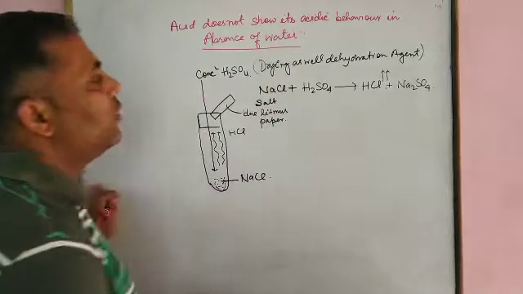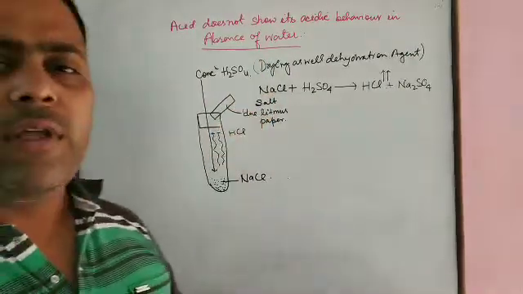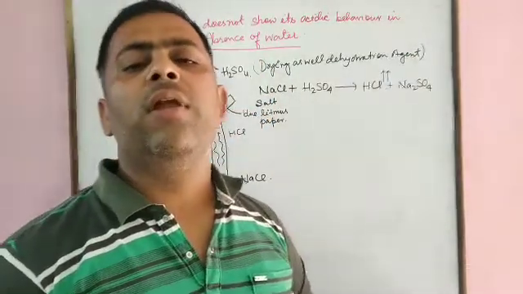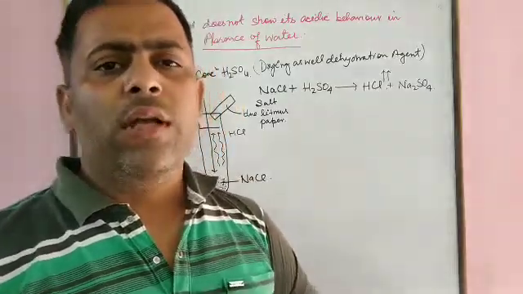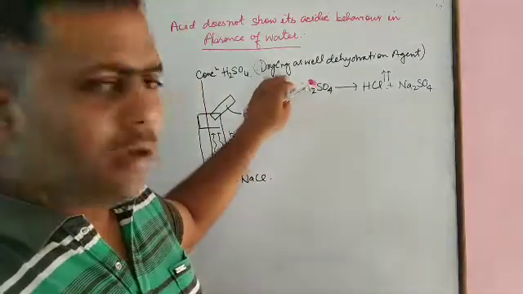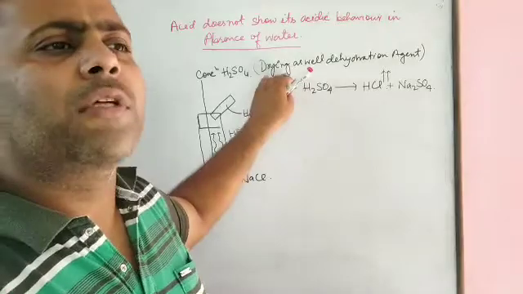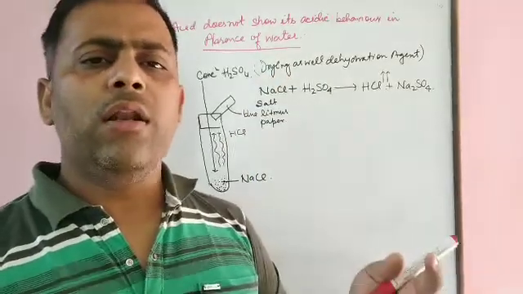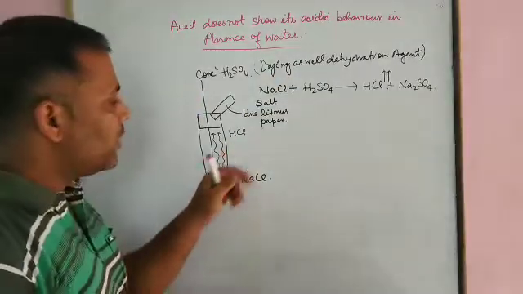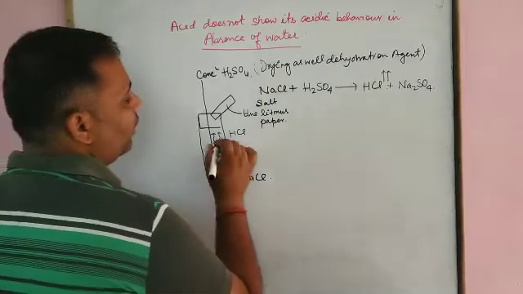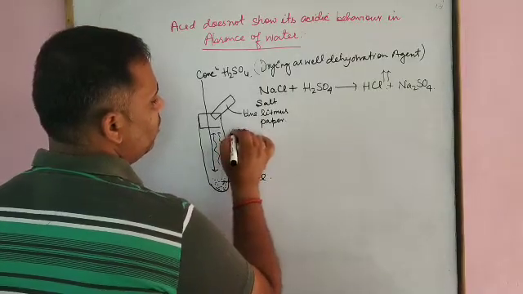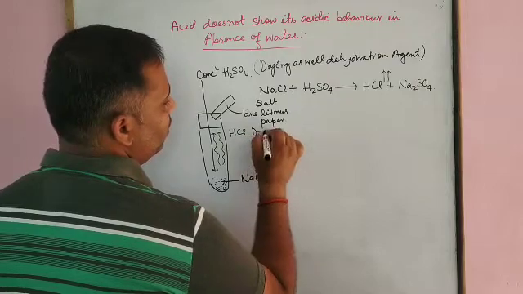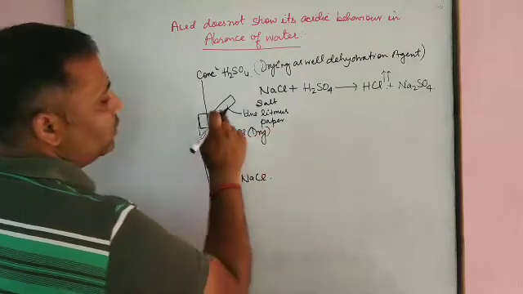It means it will absorb the moisture. It will dehydrate it. It will remove the moisture present in a solution or an object. It means the HCl which we are obtaining here is dry HCl.